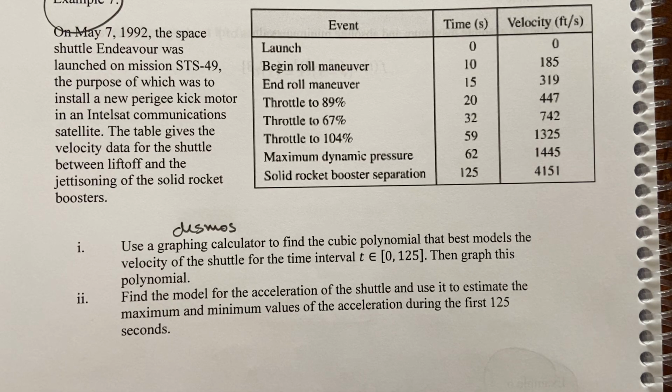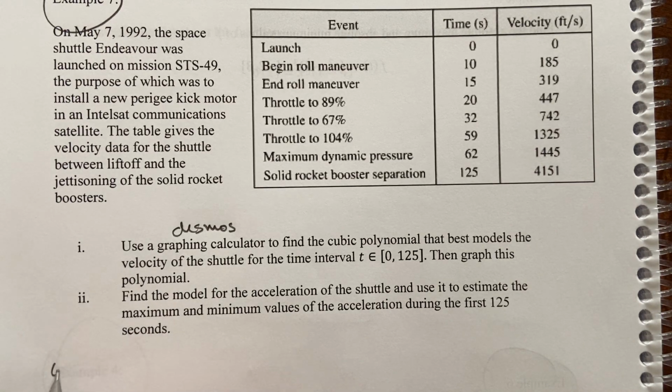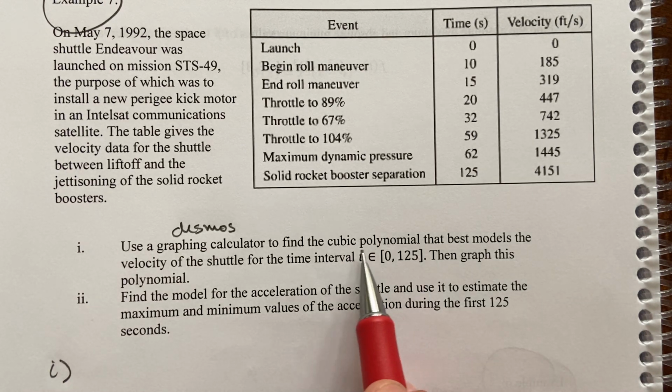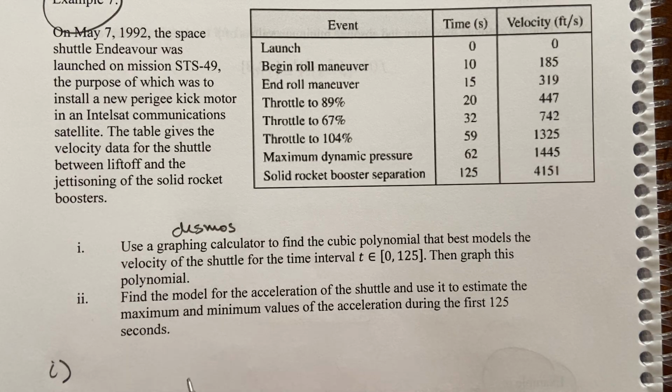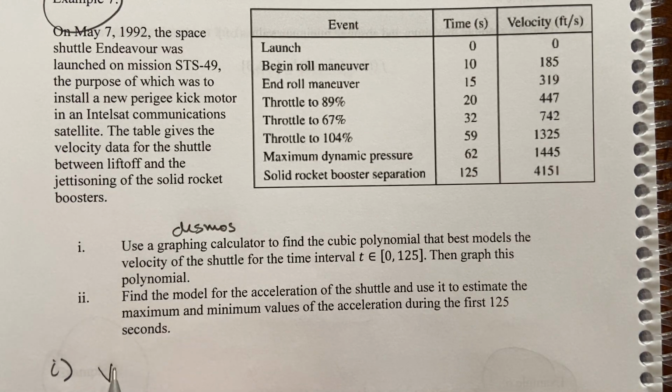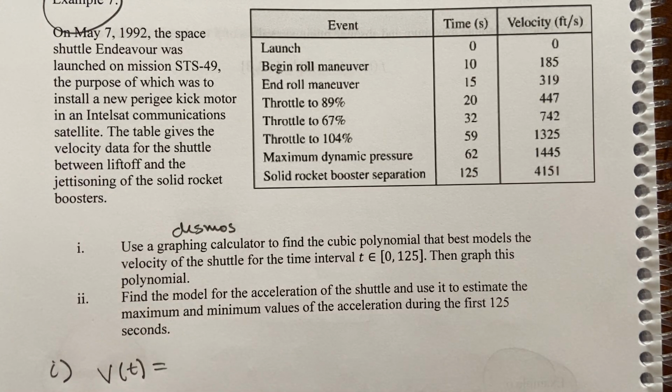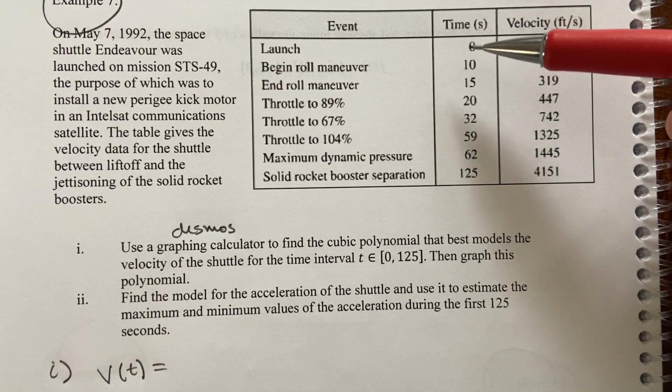All right, so for part 1, we're looking for v of t, a cubic polynomial that models the velocity as a function of time. So what I'm going to do is go to Desmos.